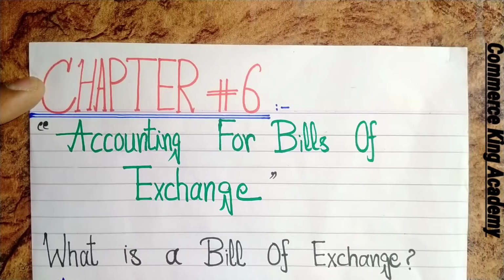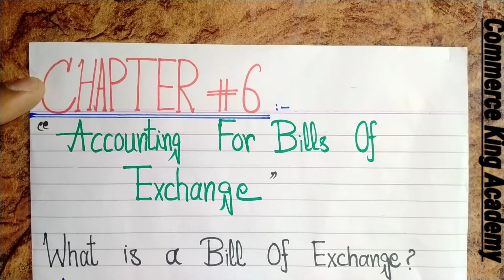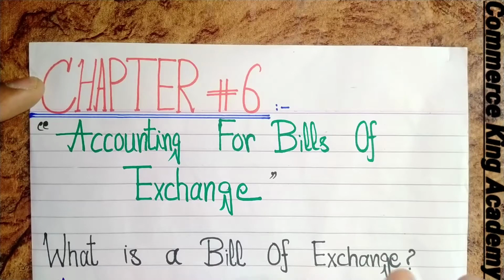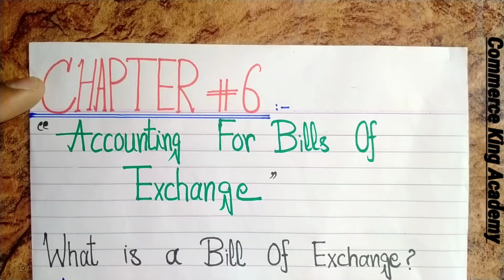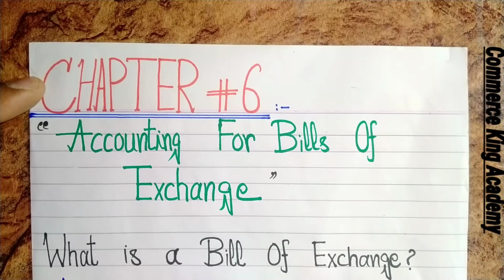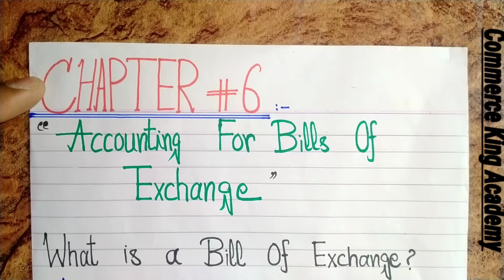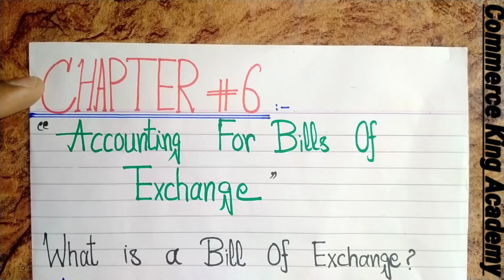Payable to bearer means payable to the holder or presenter. When a bill of exchange is payable to bearer, it means whoever holds the bill can receive the payment due on it.